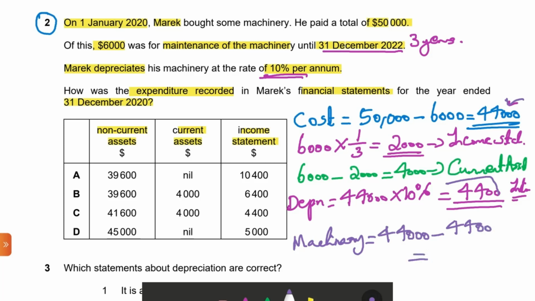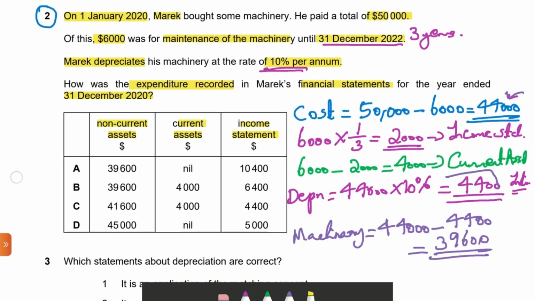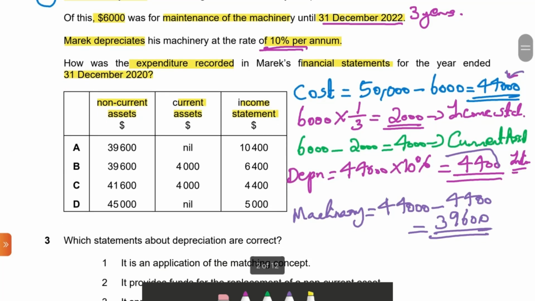So 44,000 minus 4,400, how much does it come to? That is 39,600. 39,600 is the value of the non-current asset. So given options A and B is 39,600.